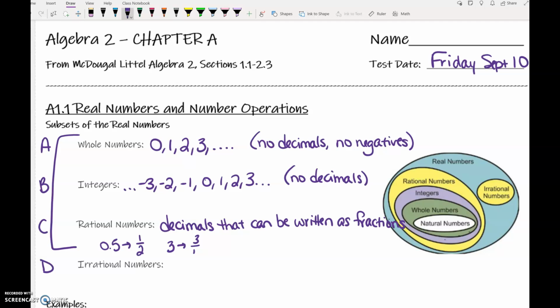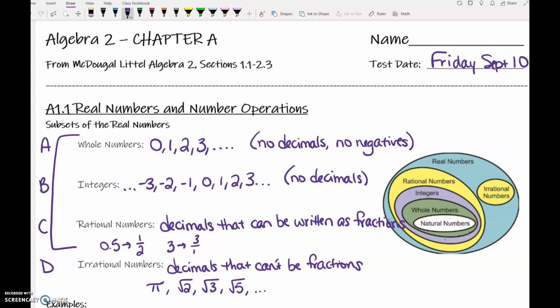Irrational numbers are decimals that cannot be written as fractions. Some common irrational numbers are pi, the square root of 2, the square root of 3, the square root of 4 is 2, so that's not an irrational number, square root of 5.